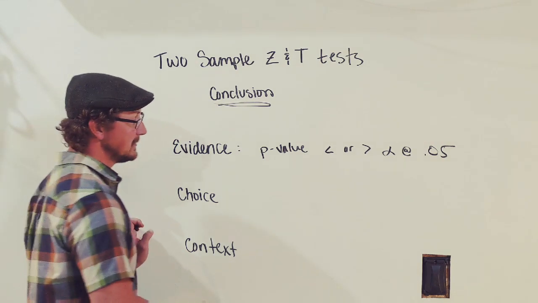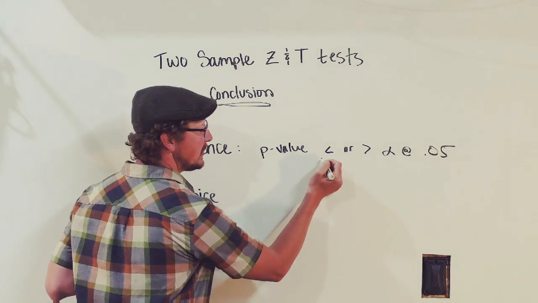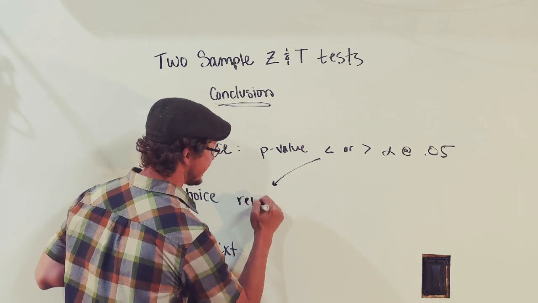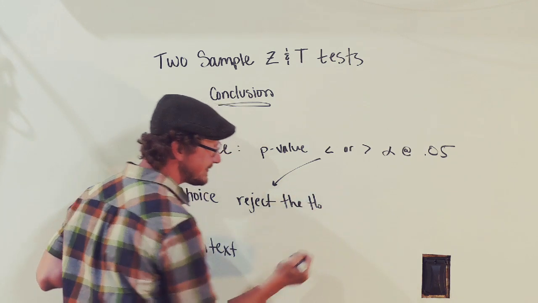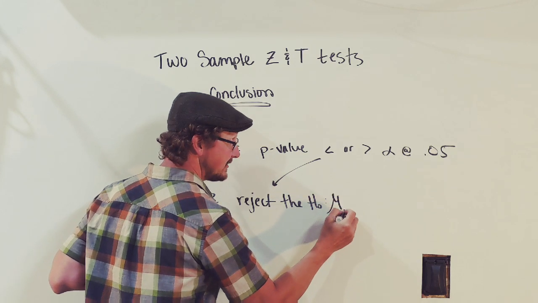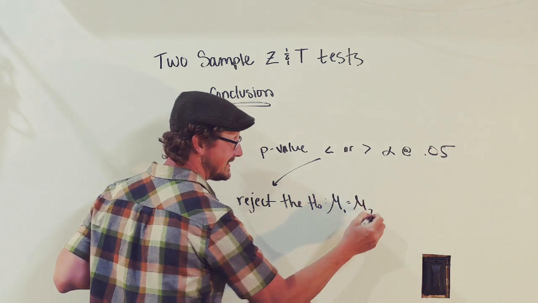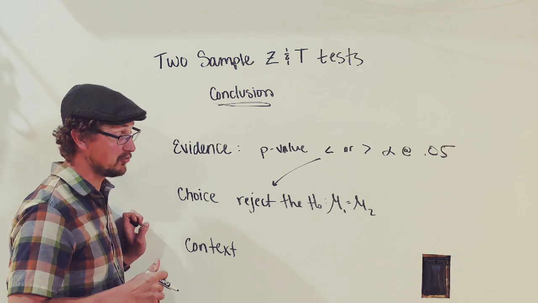So remember, if the p-value is less, if the probability is low, we are going to reject the null hypothesis. And in this case, the null hypothesis is that the two means are equal. The two populations have the same average.